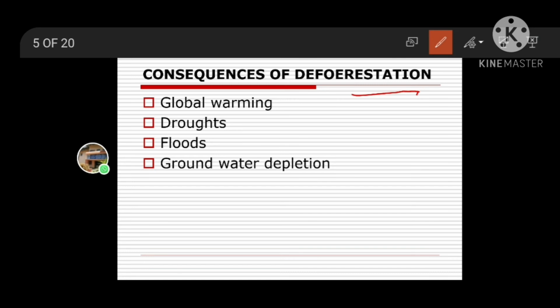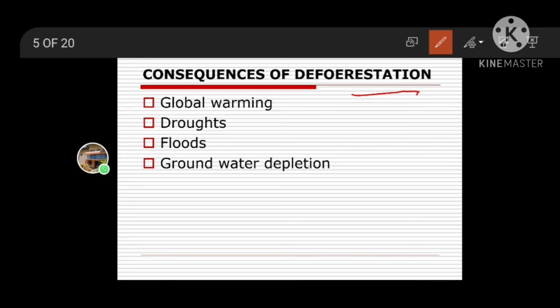But if it rises above that, it may lead to rise in the temperature, which is also called as global warming. Global warming has taken place recently because of deforestation. And global warming has got again many other effects which may cause imbalance in our atmosphere.